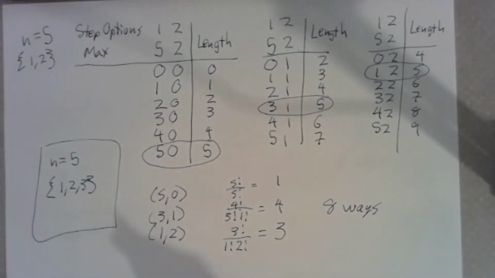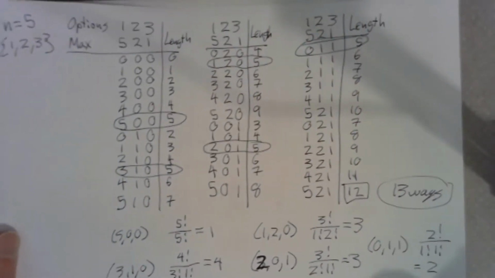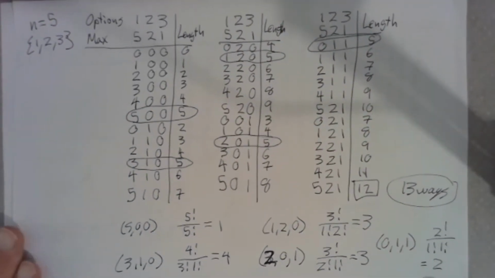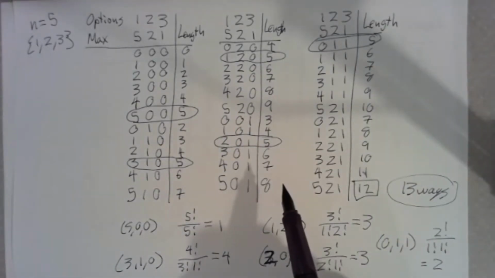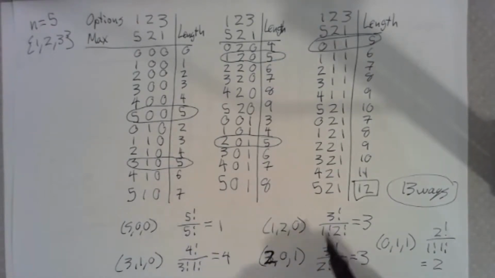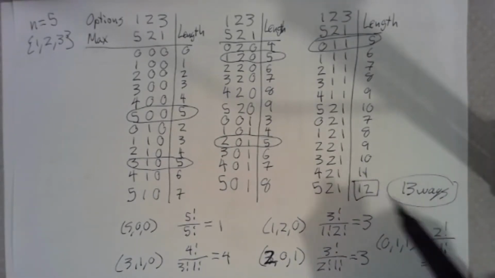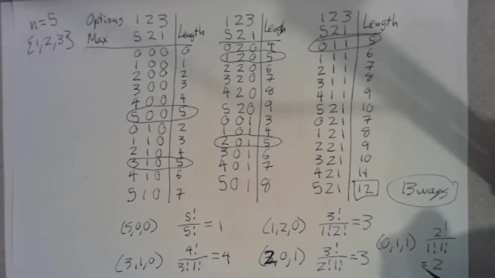Okay, 5, 4, 3, 2, 1, and then here are the results of that. Okay, so here I came up with 1, 2, 3, 4, 5 different possible step combinations. I worked out their distinguishable permutation results, and I got a total of 13 ways.